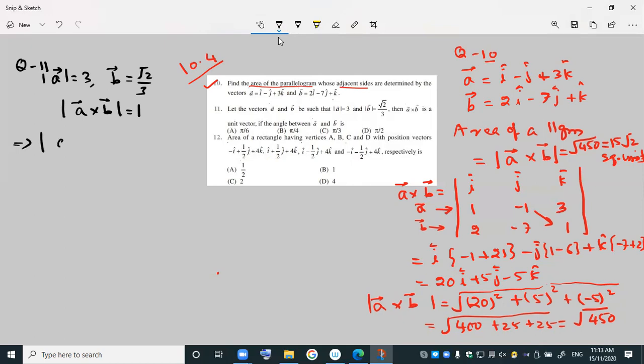A cross B is magnitude of A, magnitude of B, not unit vector A, B, sine theta, is equal to 1. Because we are taking the magnitude, the unit vector n cap will become 1, and here you have given the values.